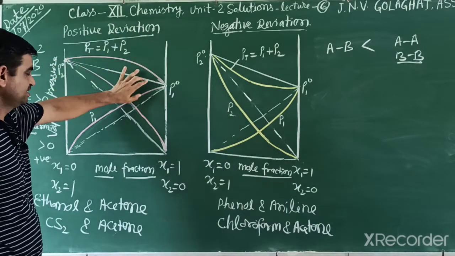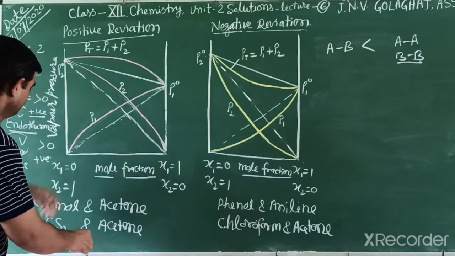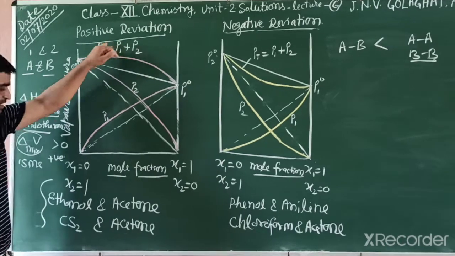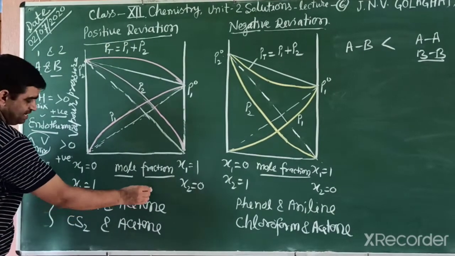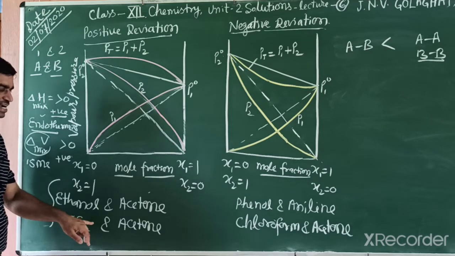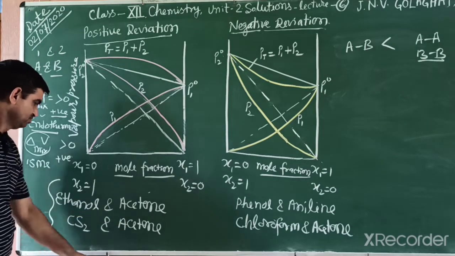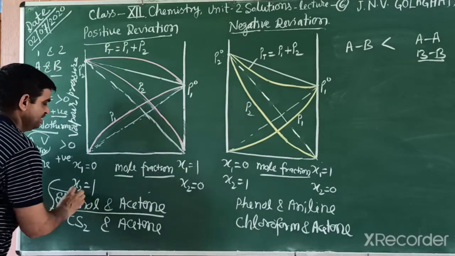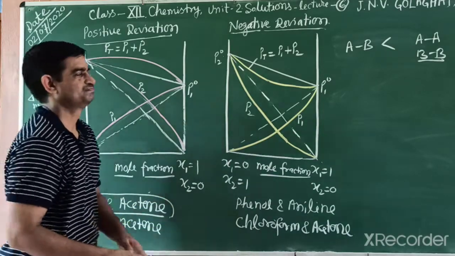So we can easily explain this with examples: ethanol and acetone. The examples of positive deviation are ethanol and acetone, carbon disulfide and acetone. First we explain the reason for ethanol and acetone.